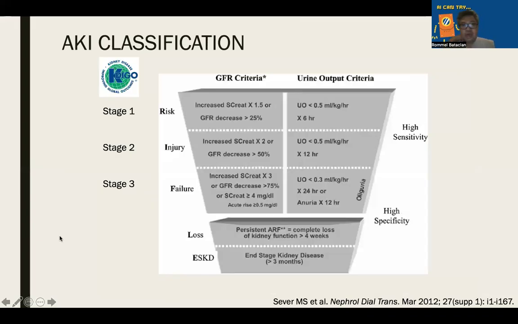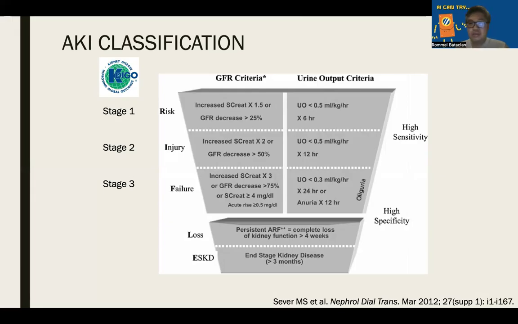So now, how do we classify AKI? Again, serum creatinine and urine output. The caveat here is that you have a known baseline serum creatinine for this individual prior to the particular consult or admission in order to compare. So, for example, let's say about 5 months ago, the patient was in the clinic and the serum creatinine is 1 milligram per deciliter.